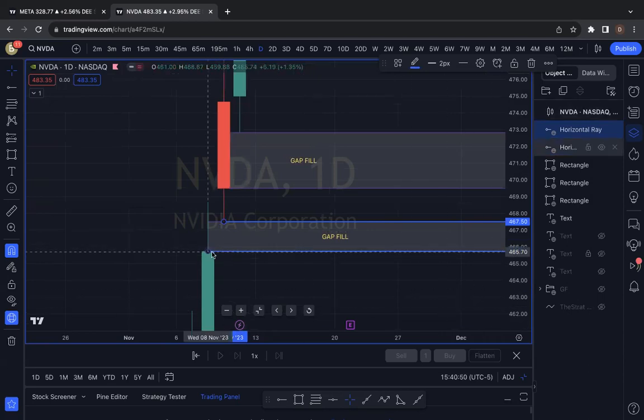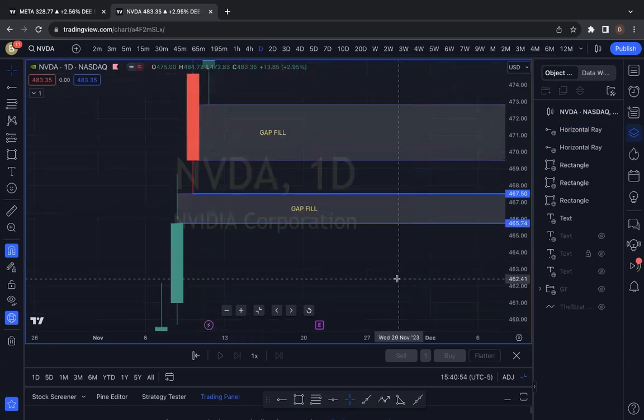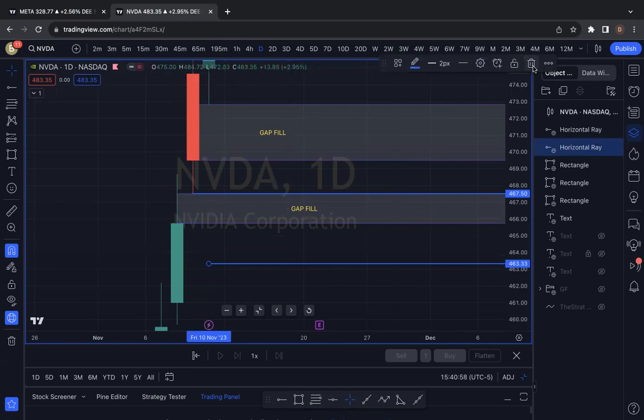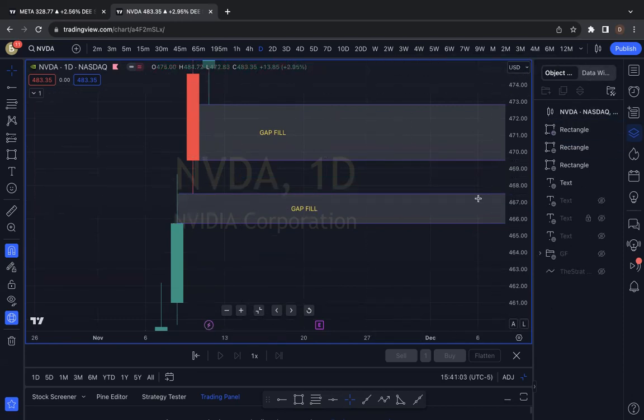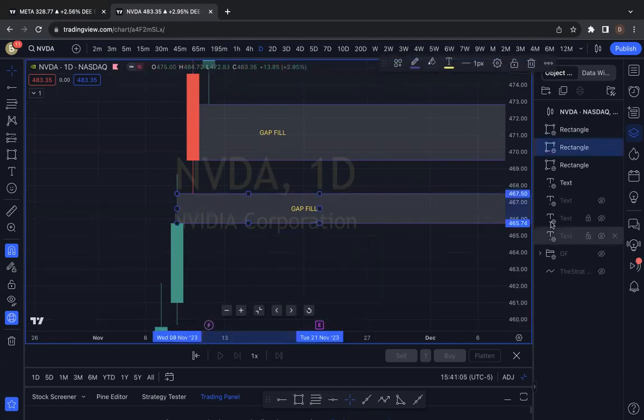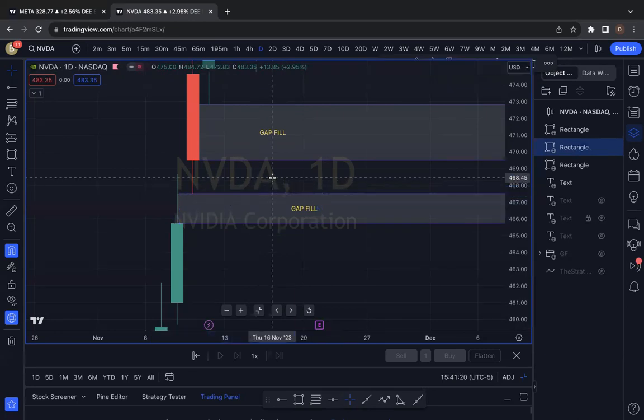So once you draw that horizontal ray right there, you can see the price values very easily, right? But you don't have to do that though. You can take these away if you would like. And if you want to see the values of the gap, all you have to do is click it and it does the exact same thing. Okay. And it's easier to adjust when you don't have that ray on it. If you have the ray, you have to move this and the ray, but this you only have to move the rectangle.